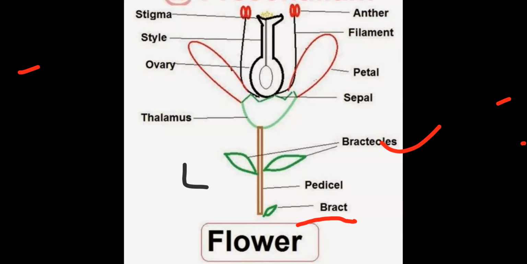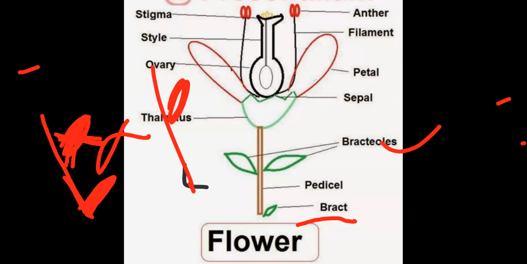We can't say that, right? Bract might be present, it might be absent. If bract is present, it is not always necessary that bracteole is also present. So we can't say that if bract is present, bracteole is also present. That is the wrong concept.